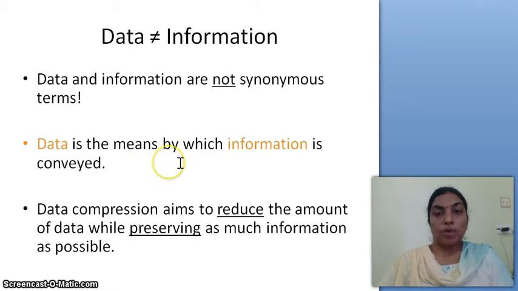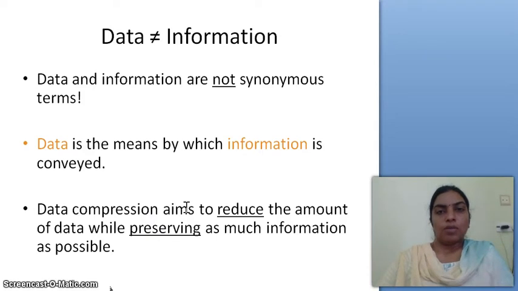Data is the means by which information is conveyed. So data compression aims to reduce the amount of data while preserving as much information as possible, right? So don't confuse data with information.